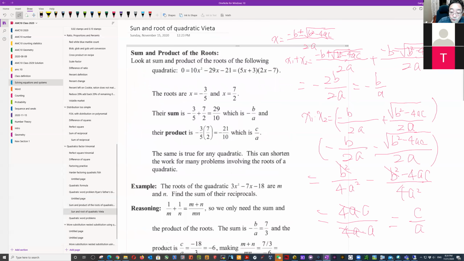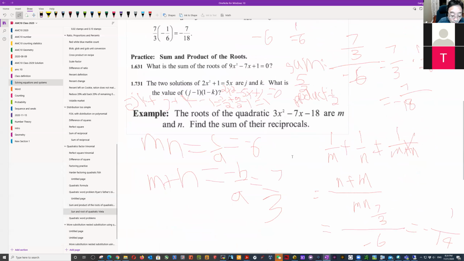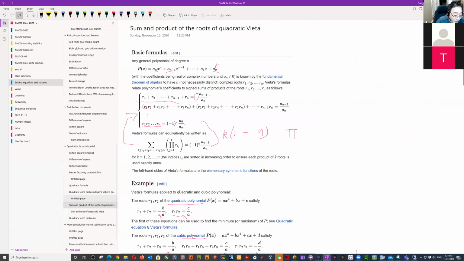Then for the quadratic, we are actually going to prove it, and proving it also helps you really remember this. So we're going to prove the Vieta formula on the quadratic, using the quadratic formula.